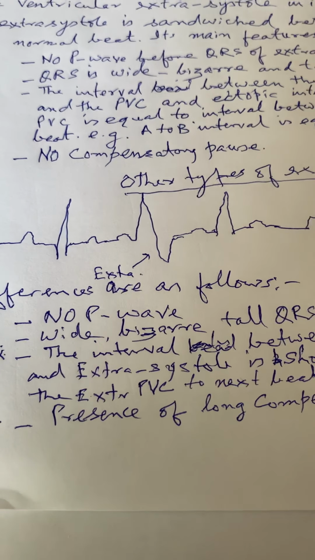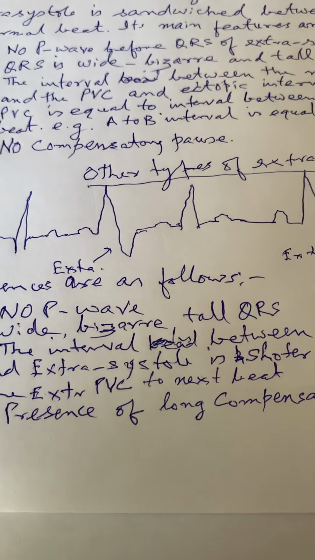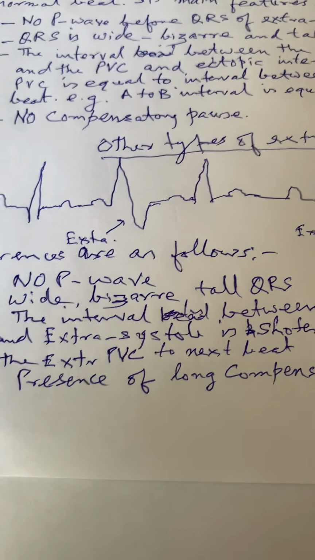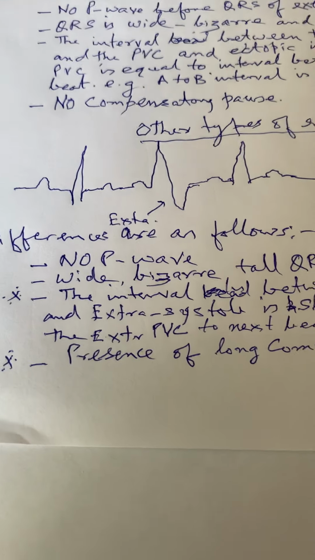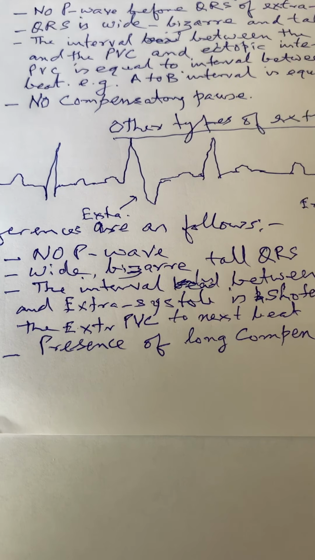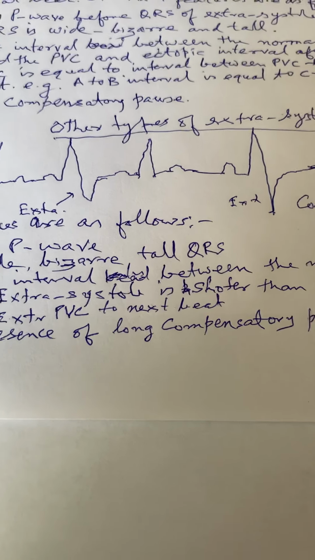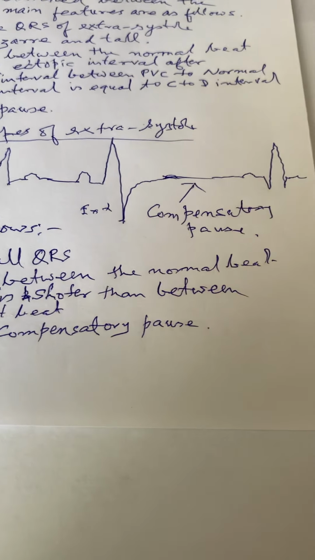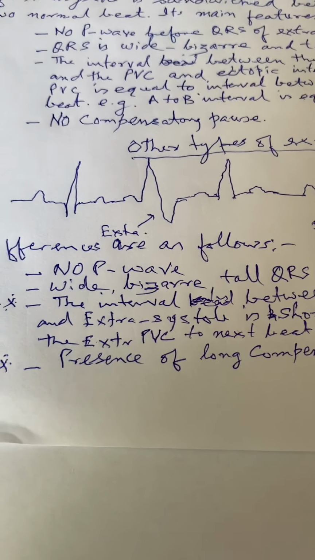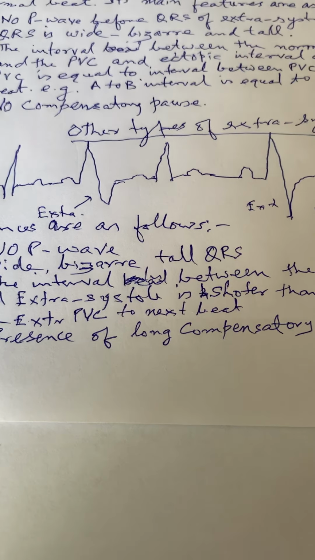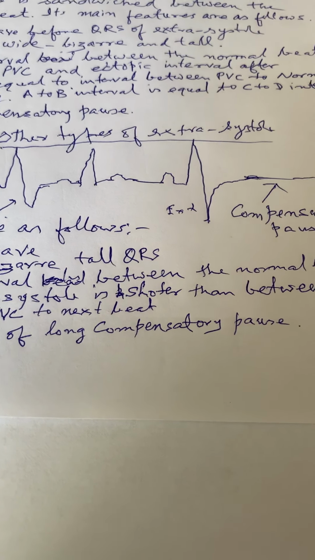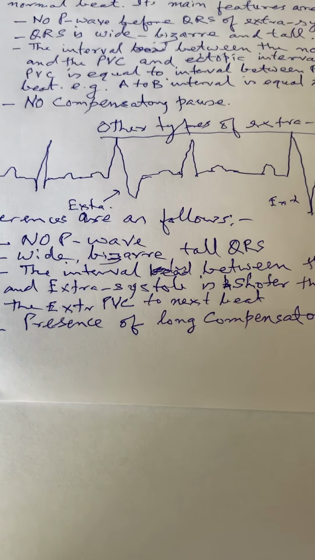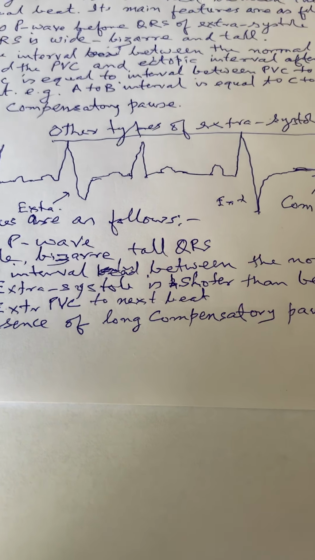Now, no P wave will be there, and the wide QRS, tall QRS, you will see similar to the isolated one. But here, in the other types, the interval between A to B, between the normal beat and extrasystole, is shorter than between the extrasystole and the next normal beat.